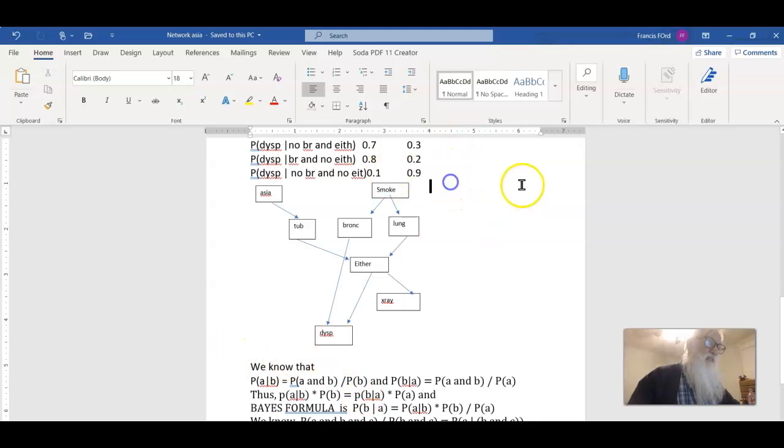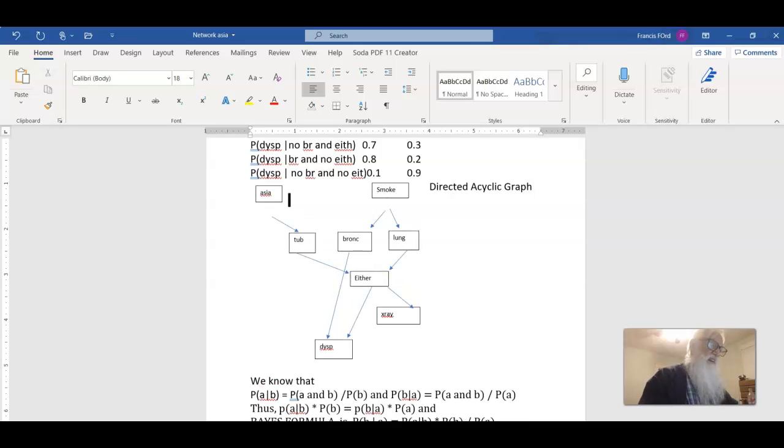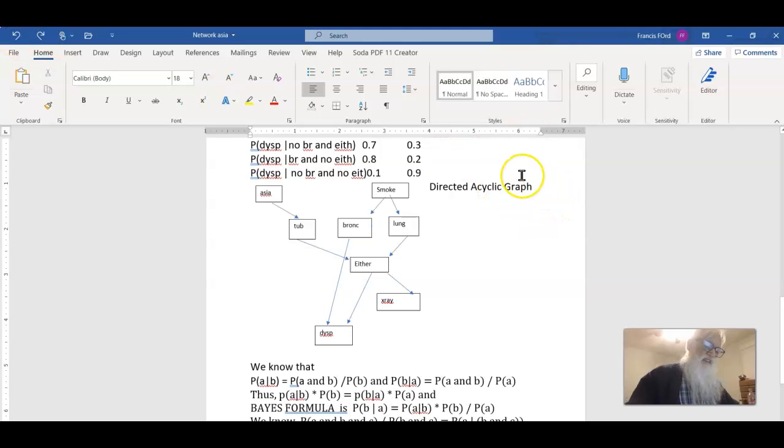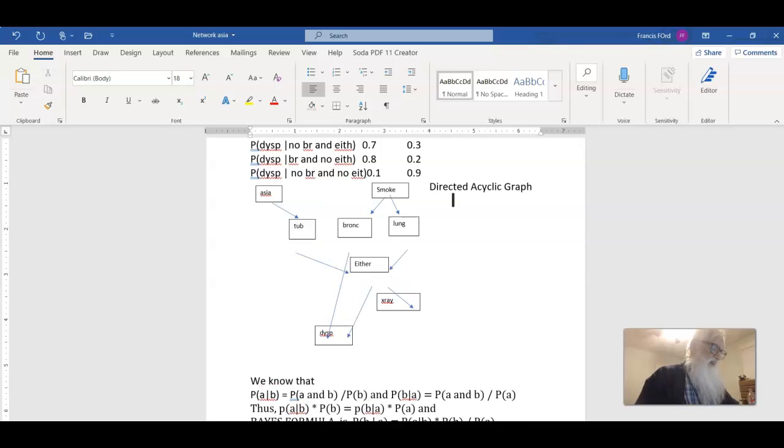A directed acyclic graph. I wonder if I can get the P and the H on. Yeah. And I couldn't do that. To get down there, I have to go using tabs. Its short name is DAG.